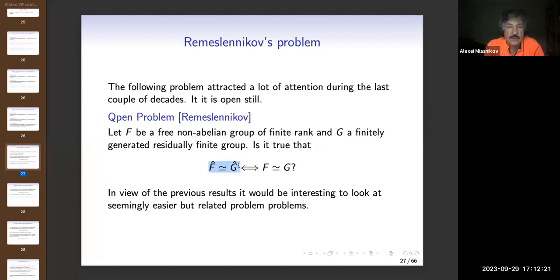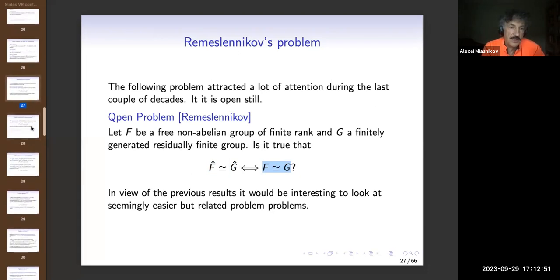Is it true that if their profinite completions, not pro-p, profinite completions, are isomorphic, then the groups are isomorphic? During the last two decades there have been a lot of results for various groups, but for free groups the original problem is still open, and it's not quite clear what to do with this.